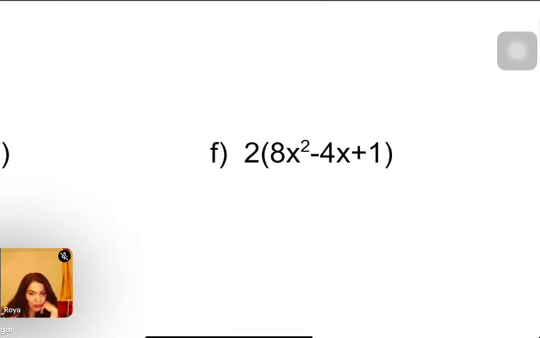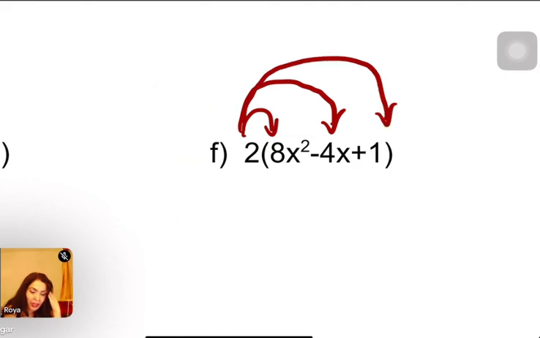For this one, F, and this is another term. As you can see, terms are separated by plus or minus.